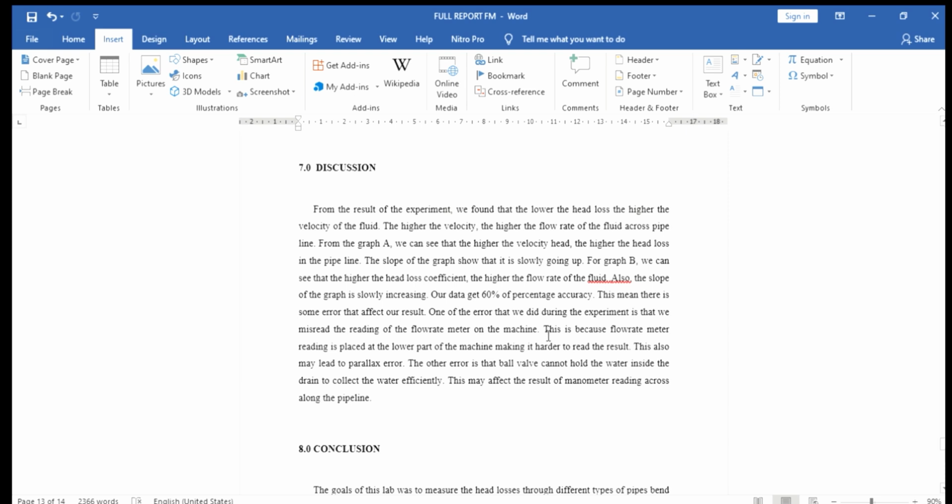This is because the flow rate meter reading is placed at the lower part of the machine, so we have to parallel our eyes with the reading. It is very hard to actually see the reading.